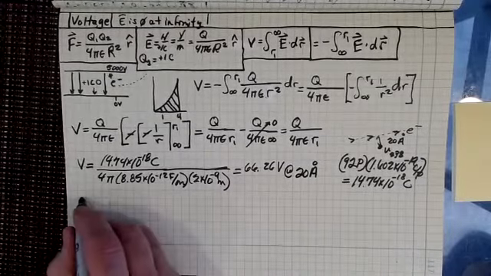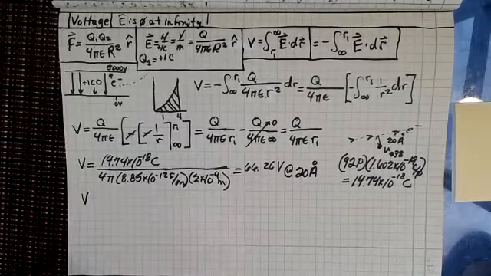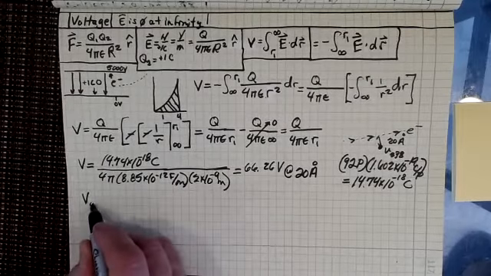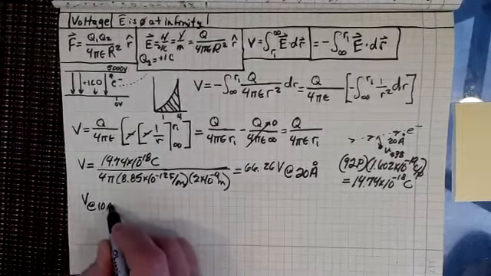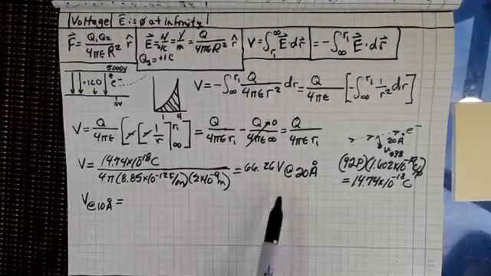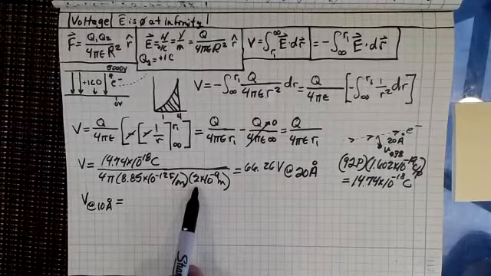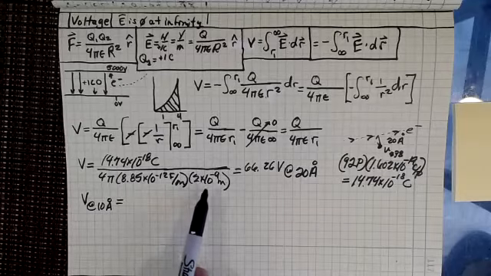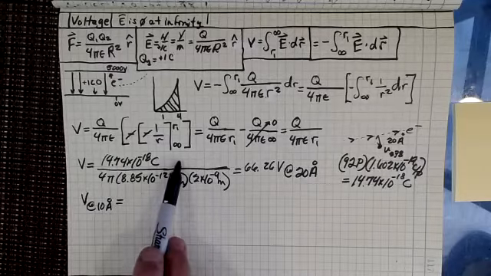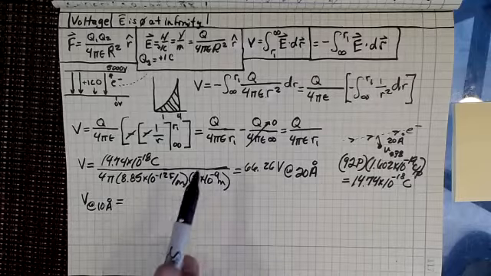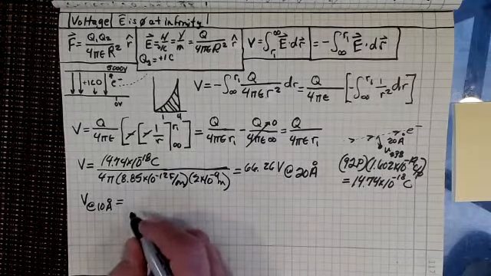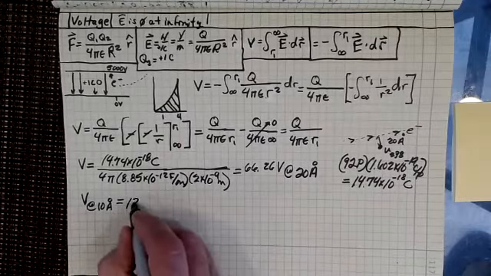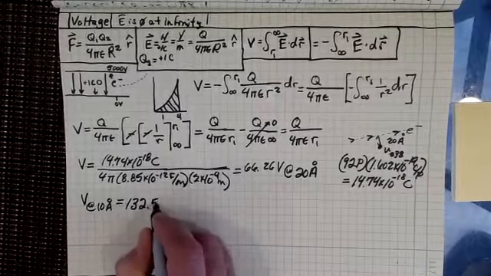Now what's the voltage at 10 angstroms? I think everybody can see that this is 20 angstroms here, and I'm going to replace it with 10 angstroms. Everything else stays the same, right? So instead of being divided by this, it's going to be multiplied by 2, isn't it? 132.5 volts.